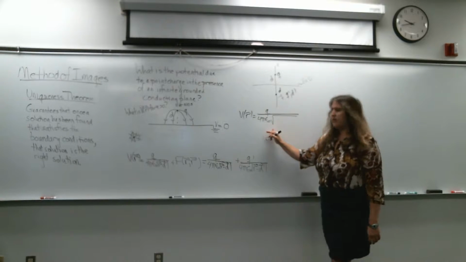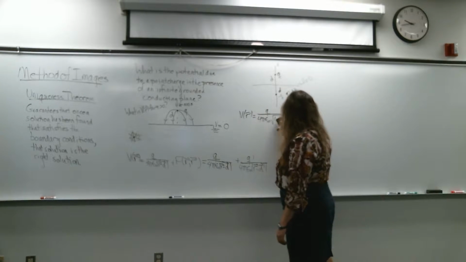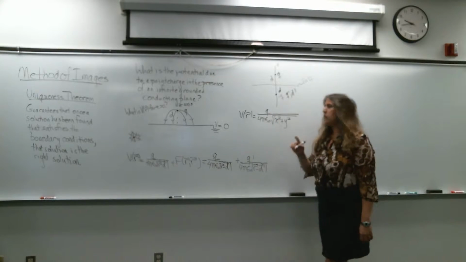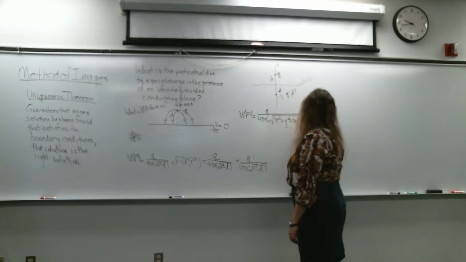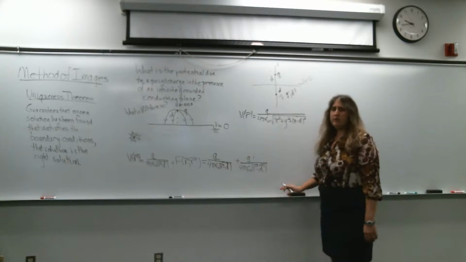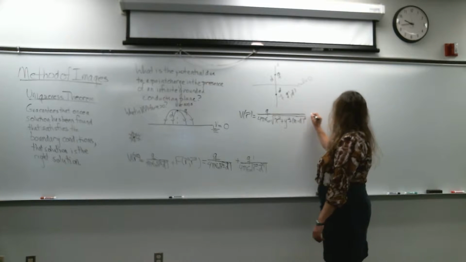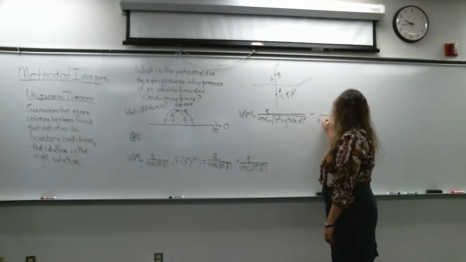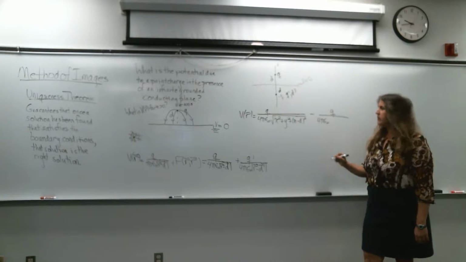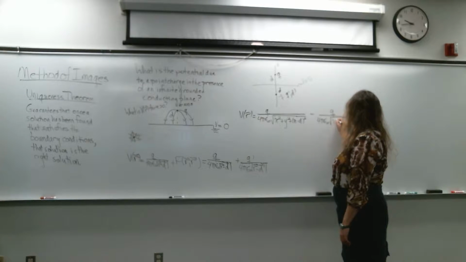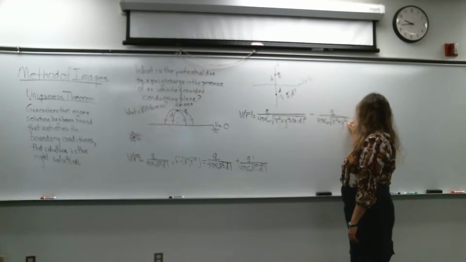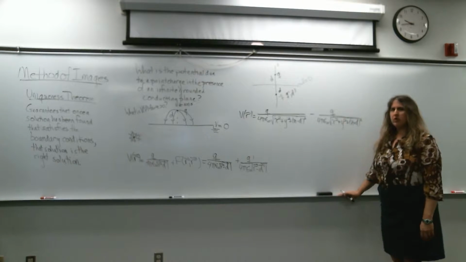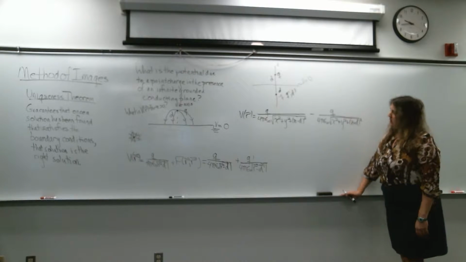So this will be the square root of x minus x prime squared plus y squared plus z minus d squared, minus q over 4 pi epsilon naught, over x squared plus y squared plus z plus d quantity squared.